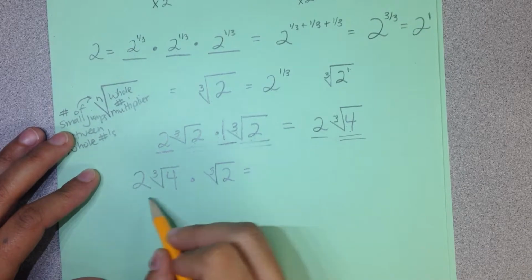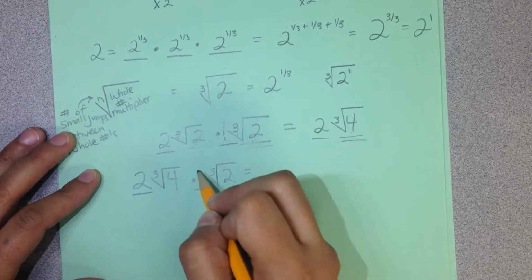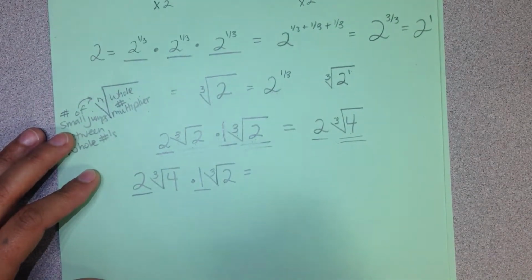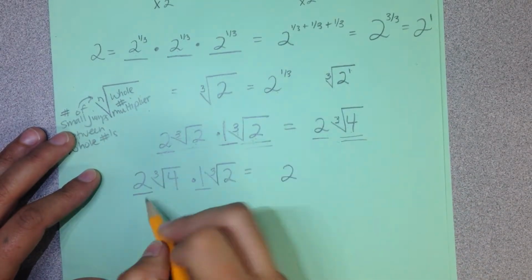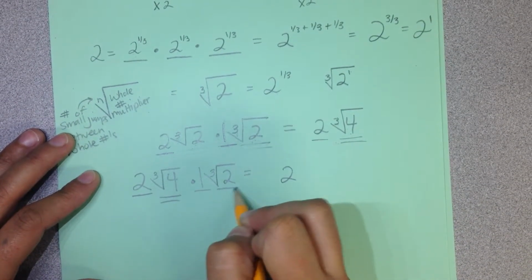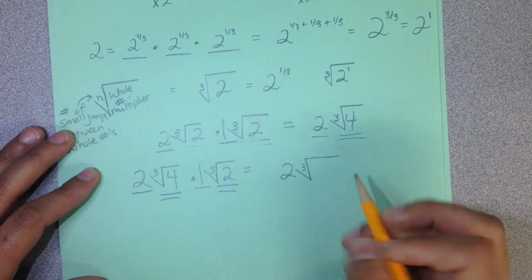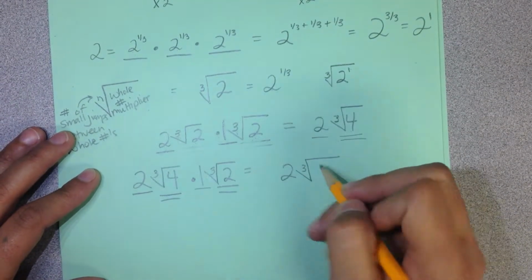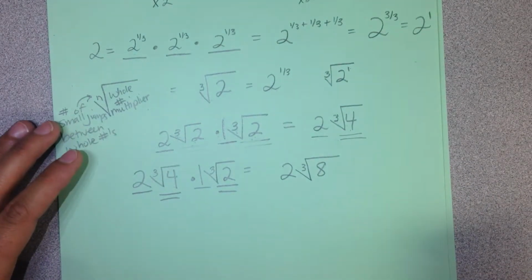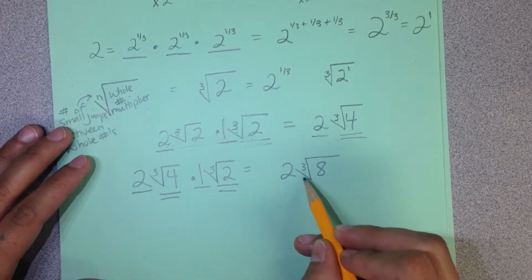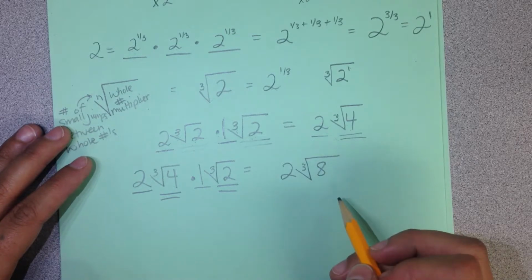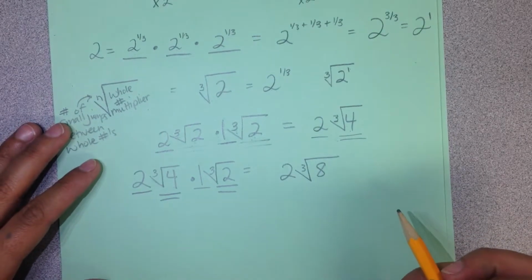When we multiply those together, remember you multiply your coefficients. There's technically a 1 here. So 2 times 1 is 2. And then third root of 4 times third root of 2 is, you keep your index, third root, and you multiply what's inside. So 4 times 2 is 8. So you may say, well, 2 times the third root of 8 is not 4. Or it's not fully simplified yet.